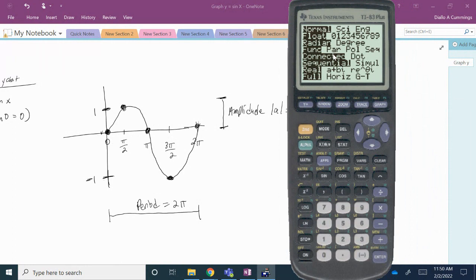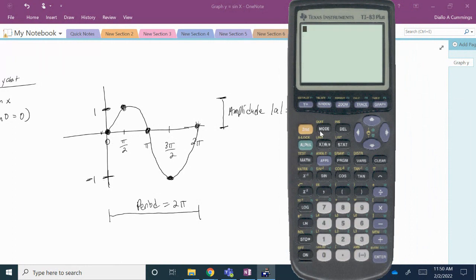So I have the correct mode. I'm going to go back to the home screen, go into y equals, and put in the sine of x. I want to make sure to close off the argument of my trig function.